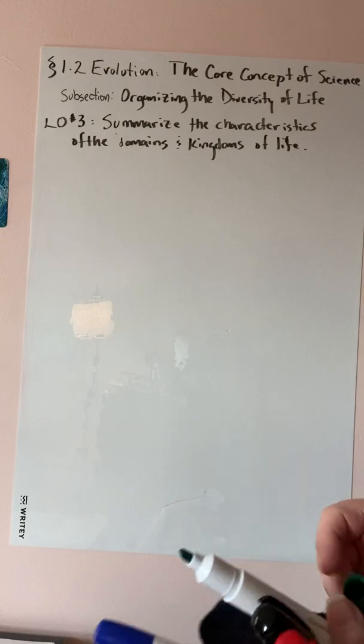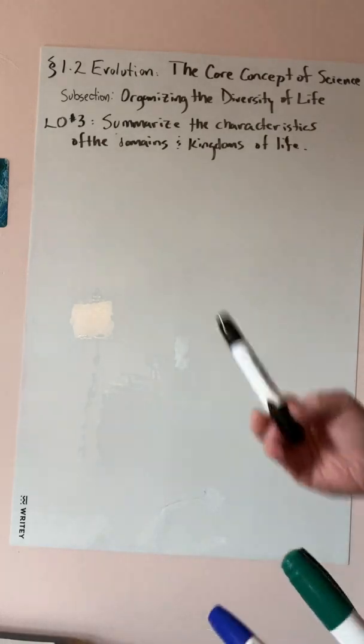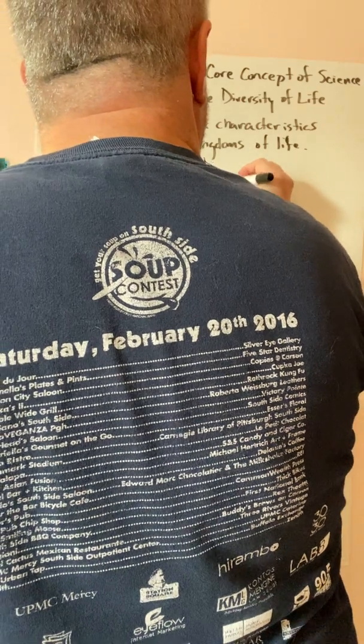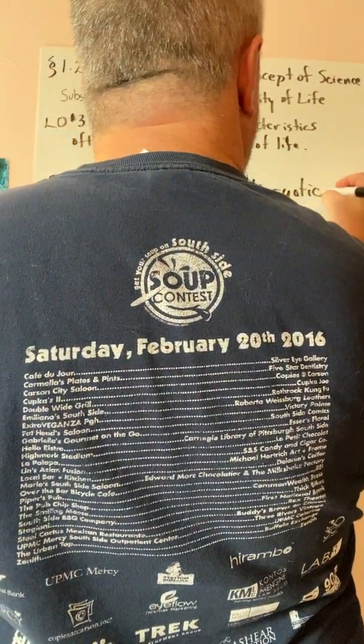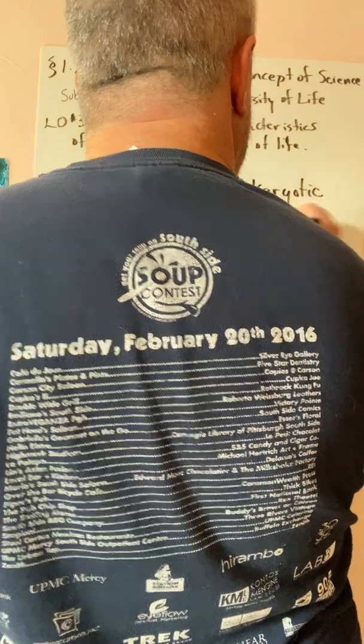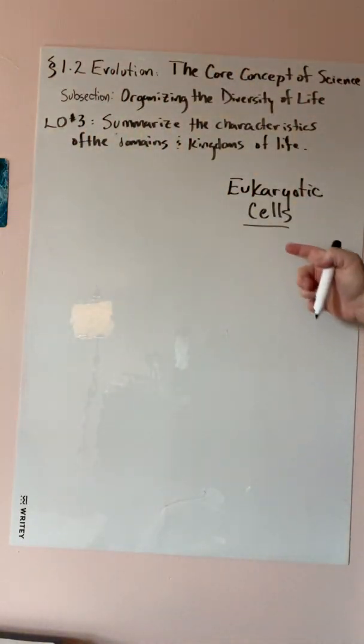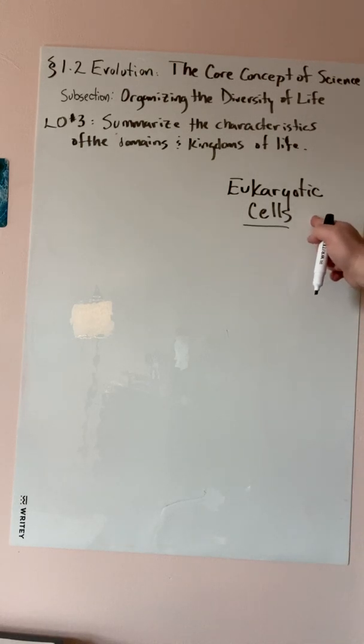So far, the cells that we talked about have been called eukaryotic cells. You'll be taking a quiz this week on eukaryotic cells. The cells that we went over last week, the plant and animal cells, these are eukaryotic cells.